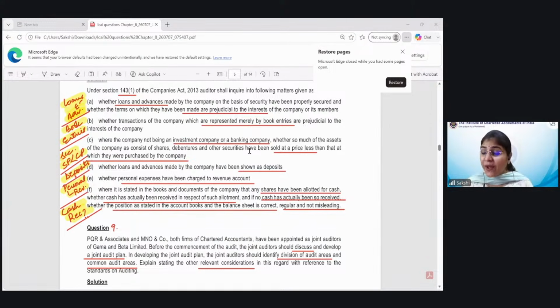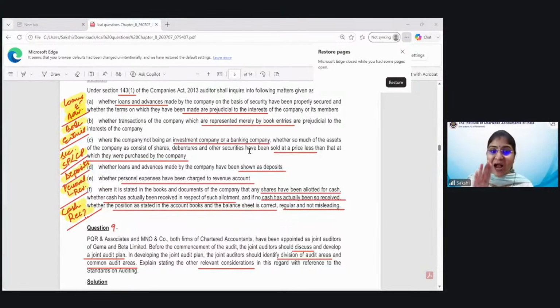Then, where the company, not being an investment company or a banking company, has sold assets consisting of shares, debentures or securities at a price less than that at which they were purchased. So the selling price of these securities is less than the cost price when the company is not an investment company or banking company. So you have to inquire.